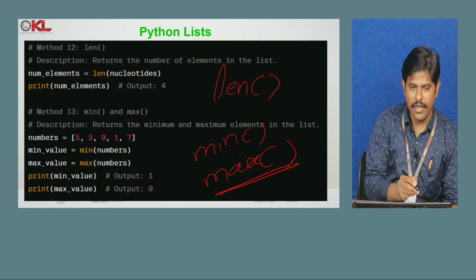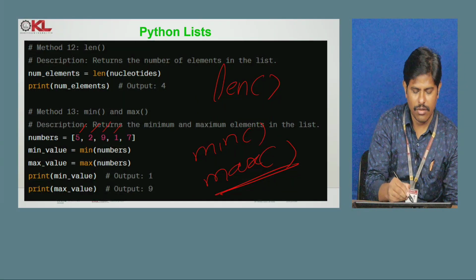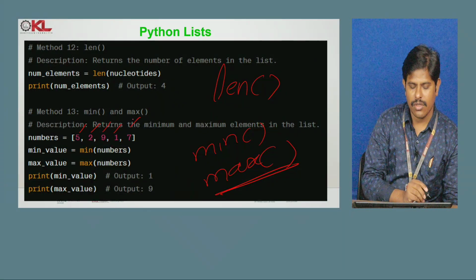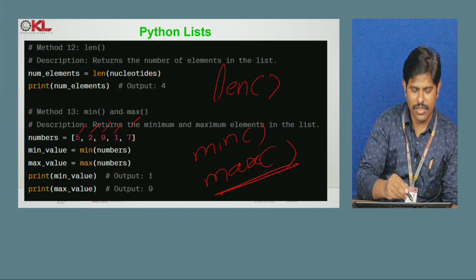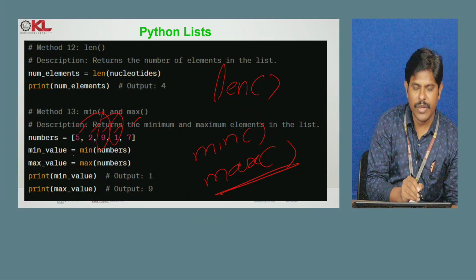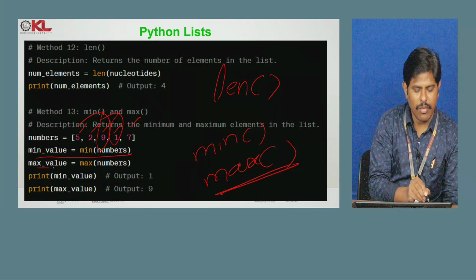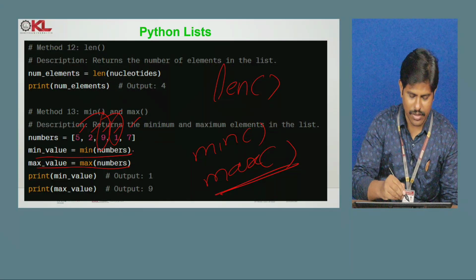So let us see. I have numbers 5, 2, 9, 1, 7. The minimum value of these numbers is 1 and the maximum value is 9. It can be printed on the screen using min value equal to min numbers, max value equal to max numbers.